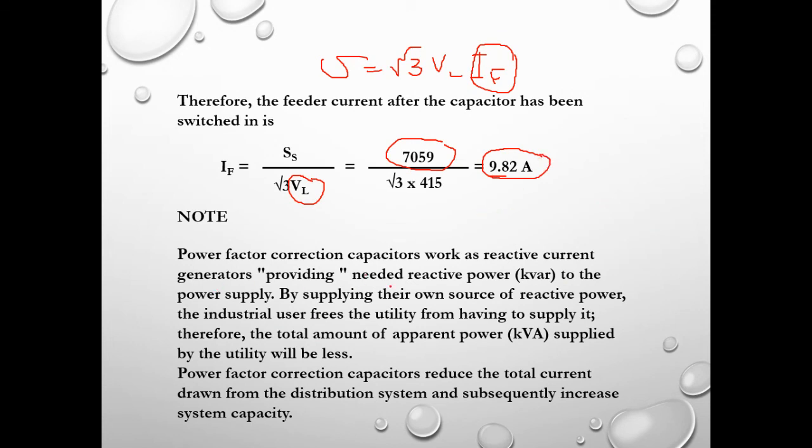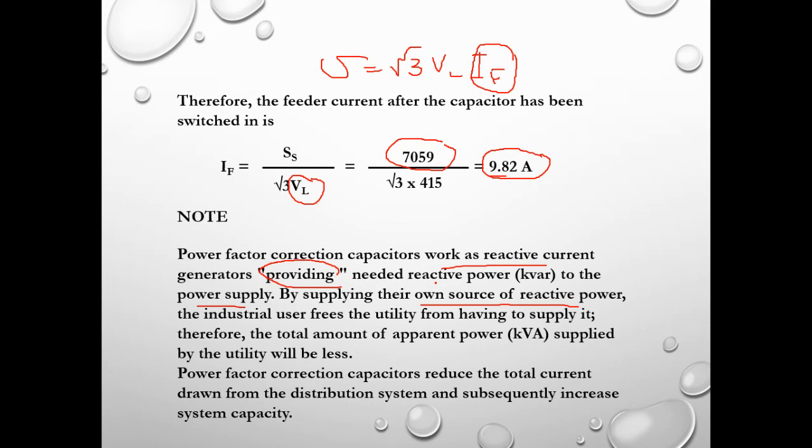So what happened? Power factor correction capacitors work as reactive current generators. We can say they provide the needed reactive power, kVAR, to the power supply. Reactive power can come from the utility, the equipment itself, from the system or from the network.